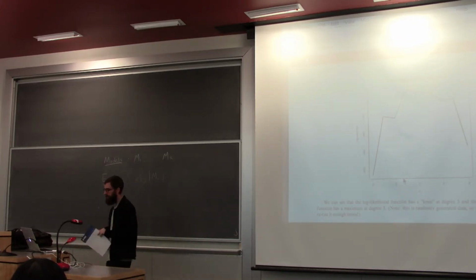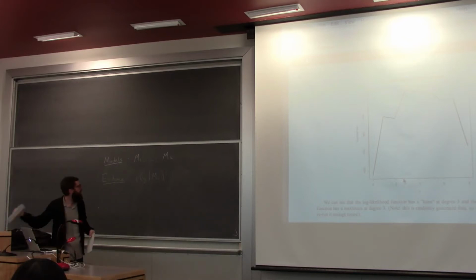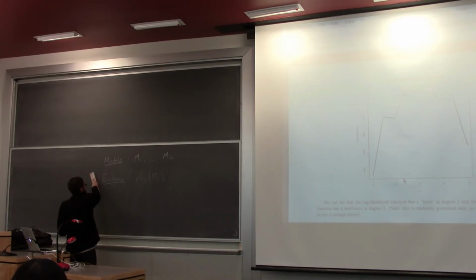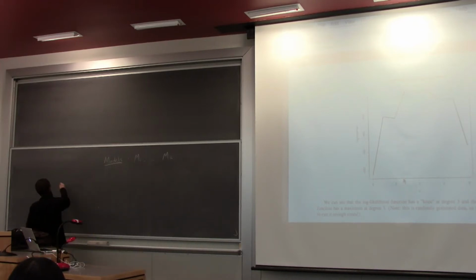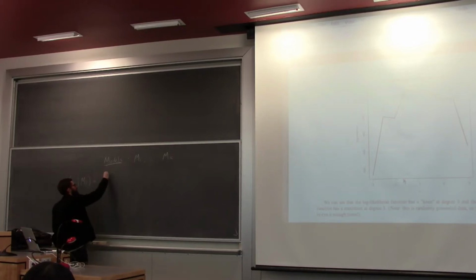So what is this value equal? Actually, I'm going to run out of space if I start here. So we want P of Y given M_i. This is just the denominator in the Bayes rule, so we just have the integral of the thing in the numerator.